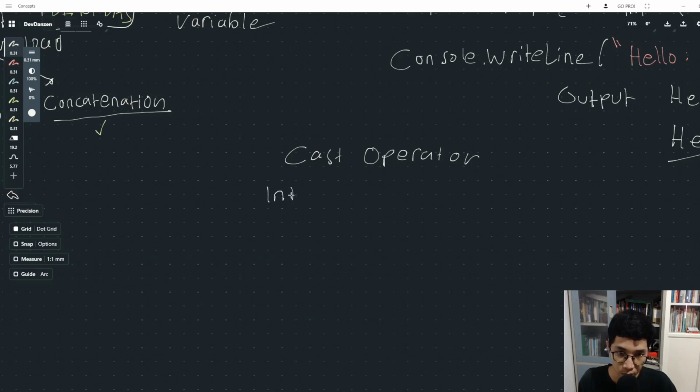Like if you want to convert the int to decimal, you can simply put decimal right before any variable.